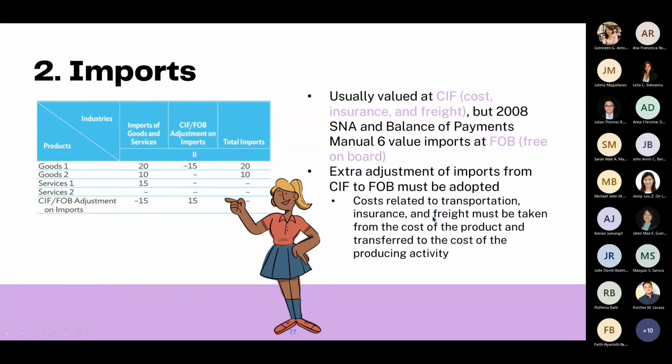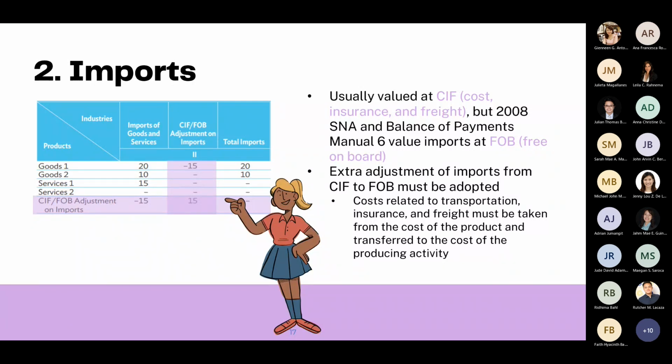Okay, so an extra adjustment in the row and column must be made to reconcile these different valuations. So costs related to transportation to the border, the insurance, and the freight must be taken away from the cost of the product and transferred to the cost of the producer. So let's give an example.